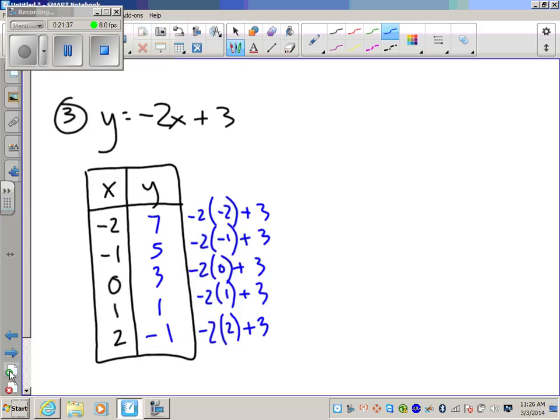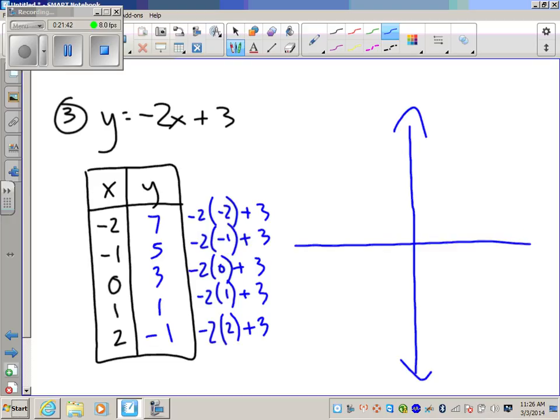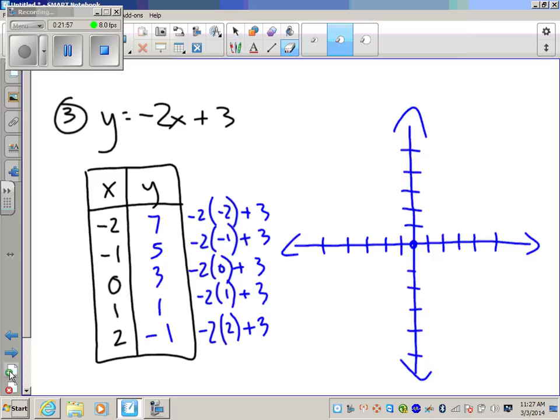Those are our coordinates. So let's take a look at our graph and let's graph that line. Okay, so a negative 2, 7 puts us way up there.